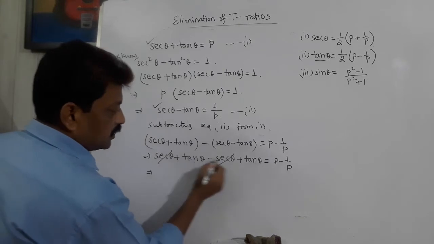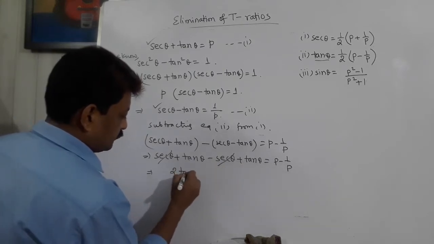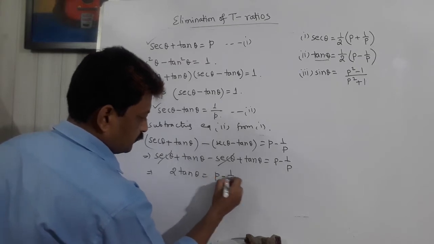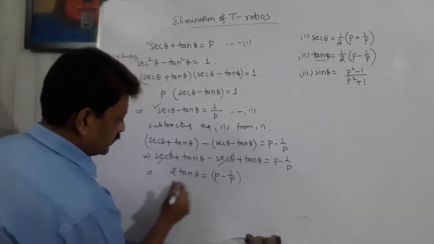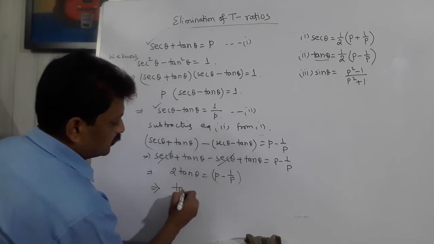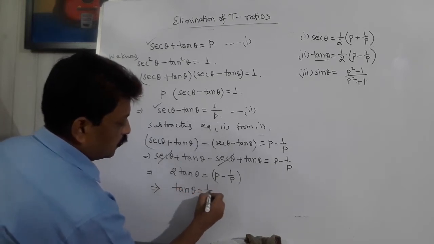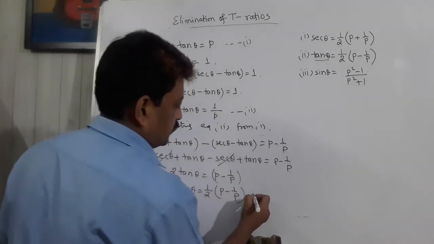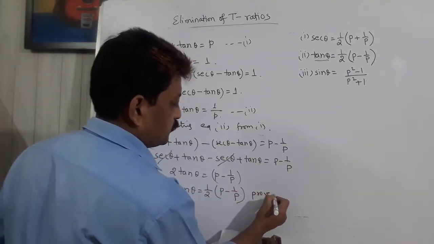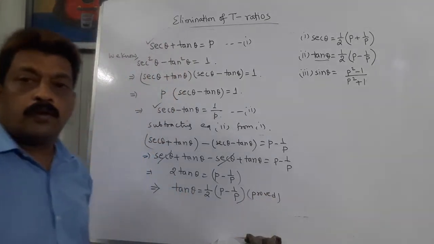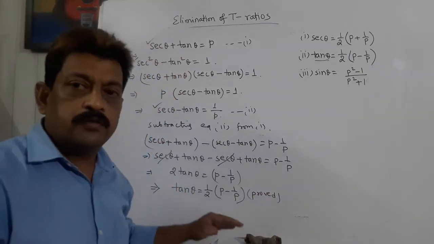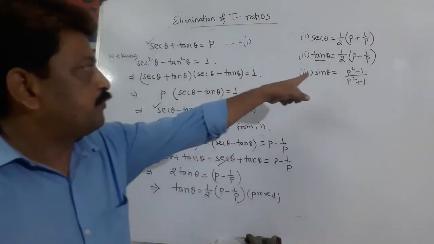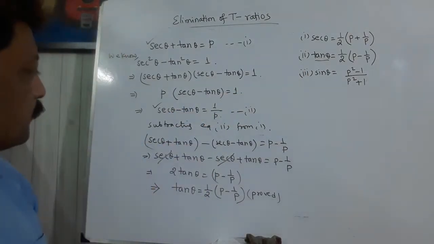So tan theta plus tan theta is 2 tan theta, and that is equals to P minus 1 upon P. So 2 will go to that side, therefore it will become tan theta equals 1 upon 2 multiplied with P minus 1 upon P. So this is also proved. I hope now you have understood how to do this sum. Okay. Now the last part, we have to find the value of sin theta.